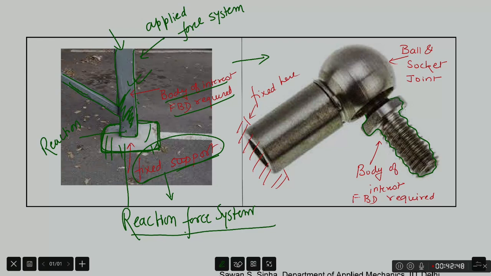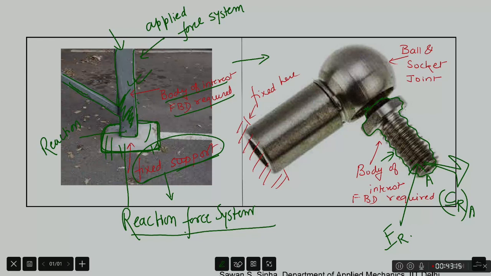There is some applied force system, CR at A. I need to know what kind of reaction force system is coming from this support. So this whole thing is a support, and this support at this end is called a ball and socket joint.